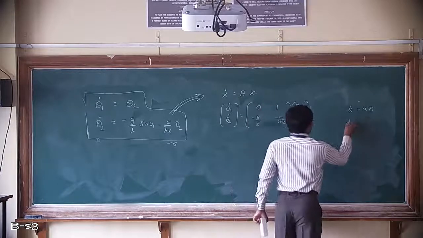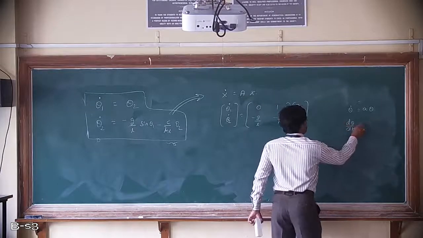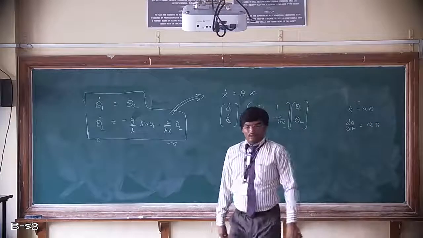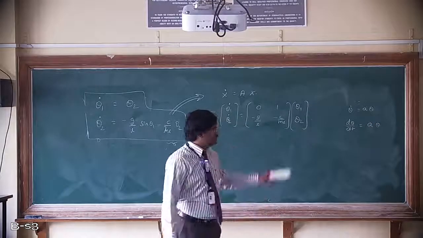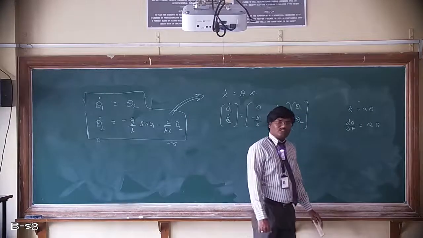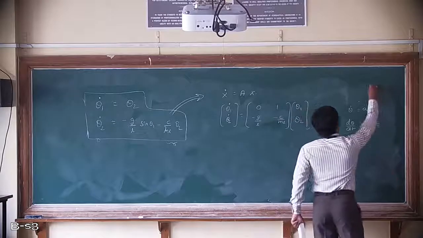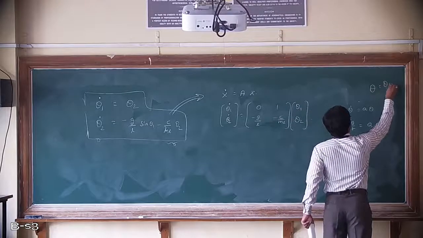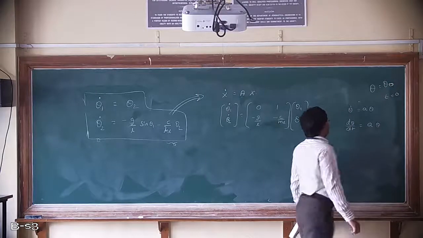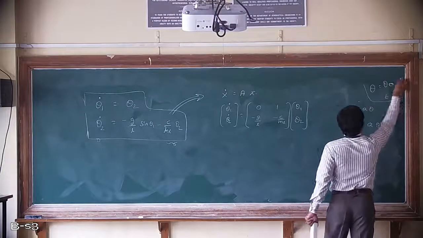So here you will get d theta by dt is equal to a into theta. If you solve this first order differential equation using the variable separable method, the initial condition is theta equal to theta naught at t is equal to 0. Just assume this.